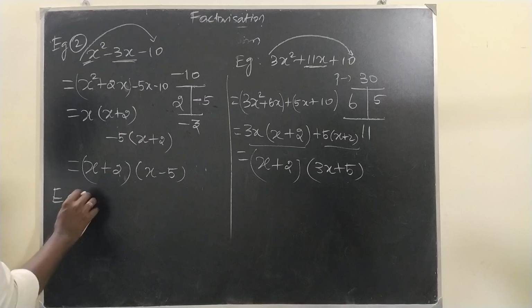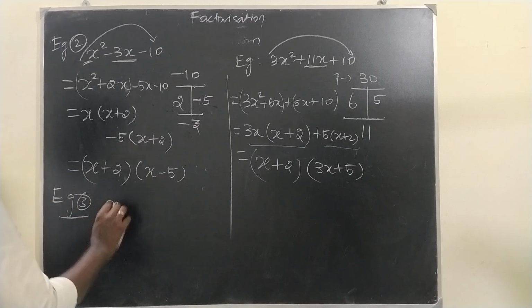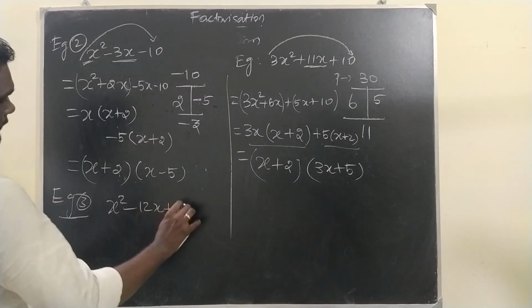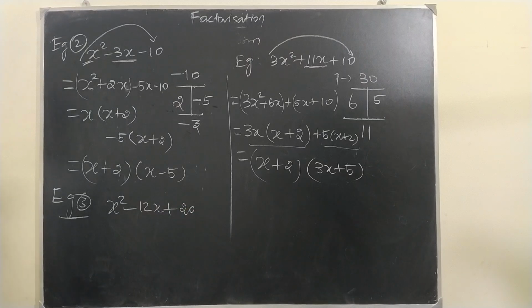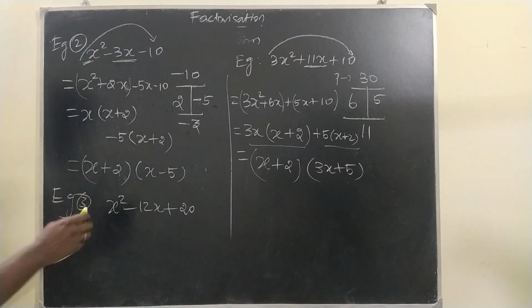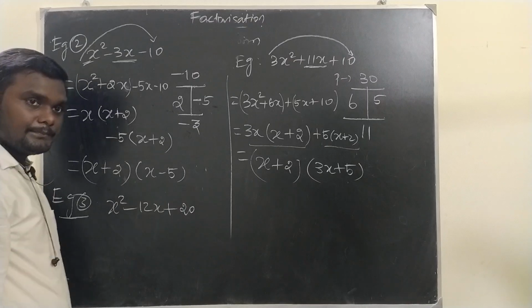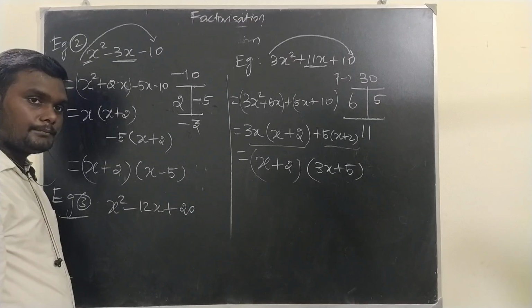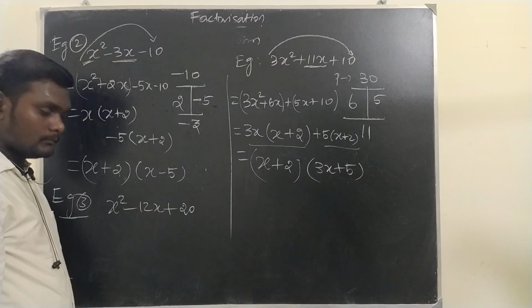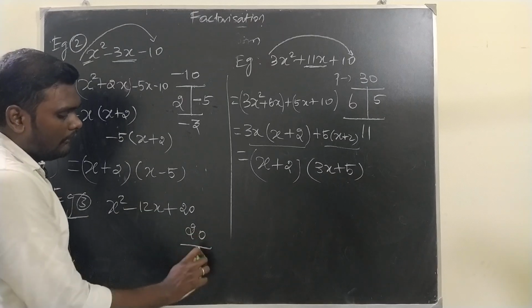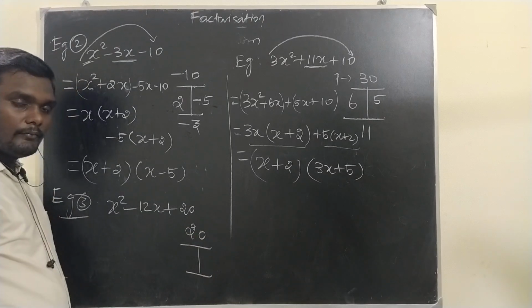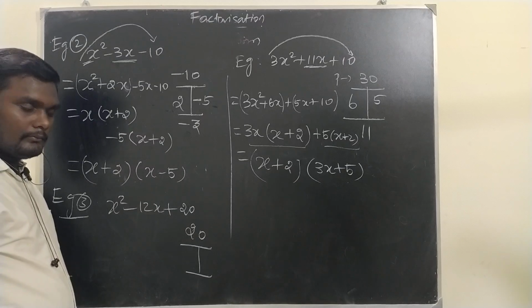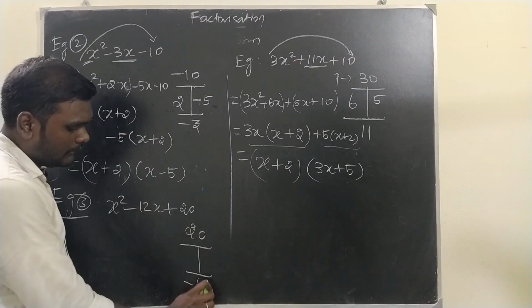I will give you one more example. Example 3. We are going to cut short this process. X square minus 12x plus 20. Now tell me, by product what number should come? 20. While adding, 12, that is minus 12.